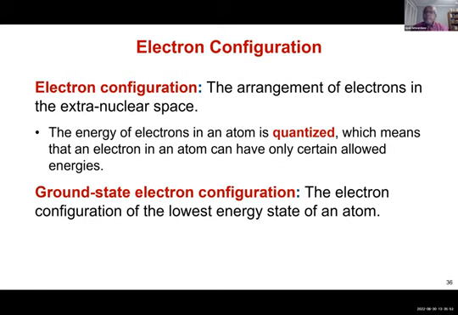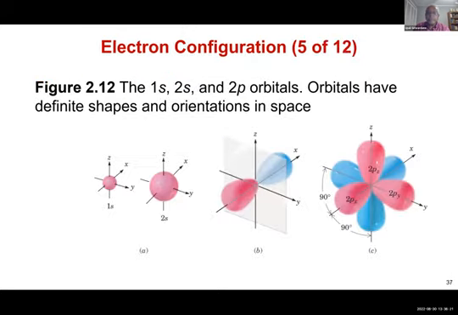The lowest energy level for an electron is called the ground state. So we're going to look into this and have you understand the electron configuration. All right. So we have to look at the electron as a wave shape. The wave shapes I'm going to show in the next slide.